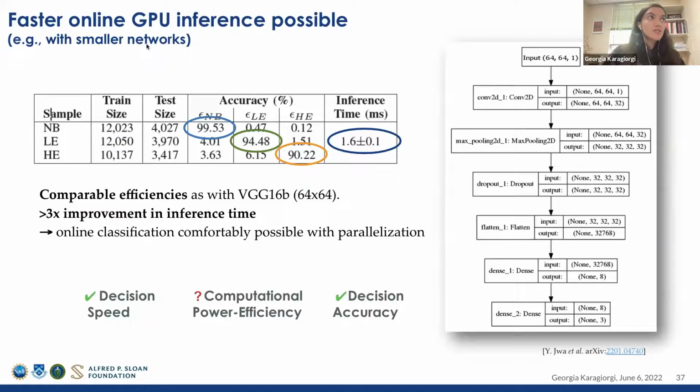We were also able to show that faster online GPU inference is possible if we can make use of a smaller network.